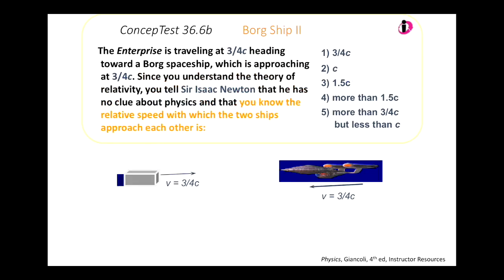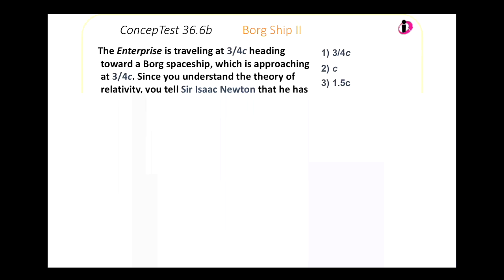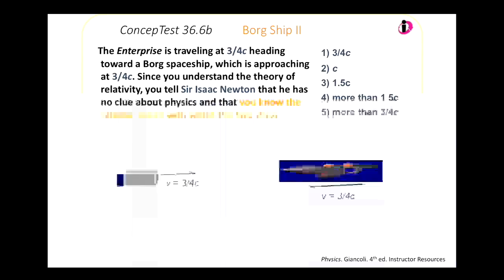Same case, Borg and Enterprise. And you think we're doing sci-fi math now, right? We're using sci-fi examples because we can't go this fast, but the same principles apply. So now you're deciding, like, I know about relativity, and you're going to tell Newton the way things really are. That feels like a powerful position to be in.